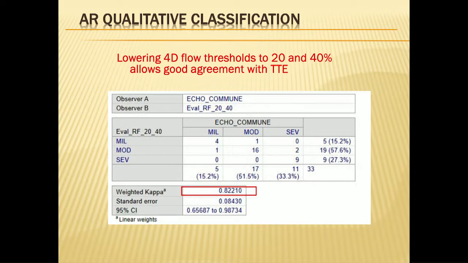So the final message of TTE is only: is it a mild, moderate, or severe regurgitation? Nothing else is asked of the echocardiographist. So we have to answer the same question if we want to compare. And the thresholds of TTE are rather 30 and 50% to separate mild, moderate and severe.